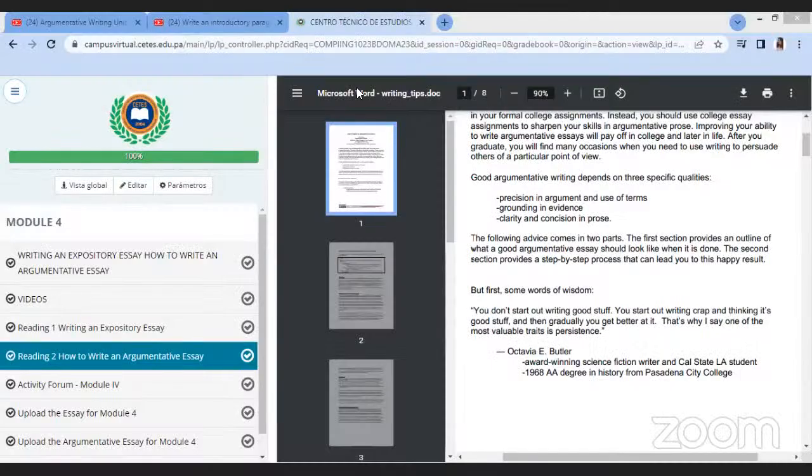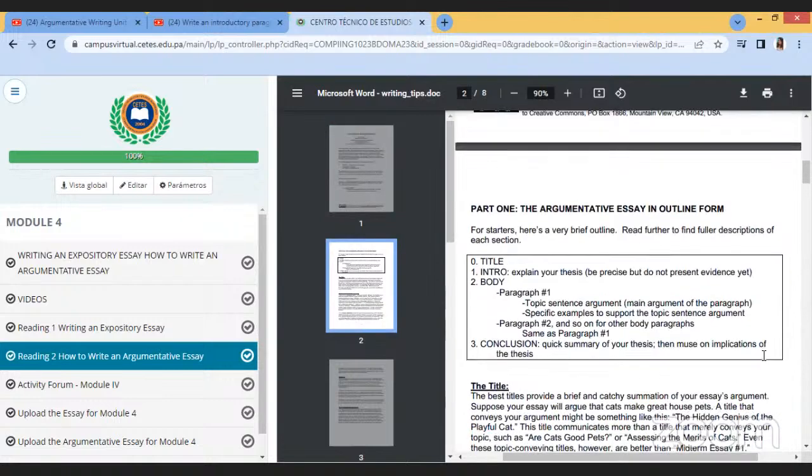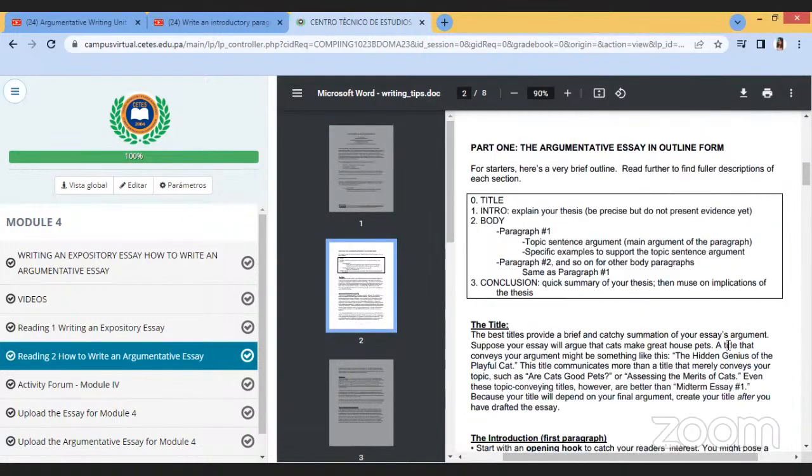The reader says that the following part comes in 2 parts. The first section provides an outline of what a good argumentative essay should look like when it is done. The second section provides a step-by-step process that can lead you to this happy result. Part number 1, the argumentative essay in outline form.